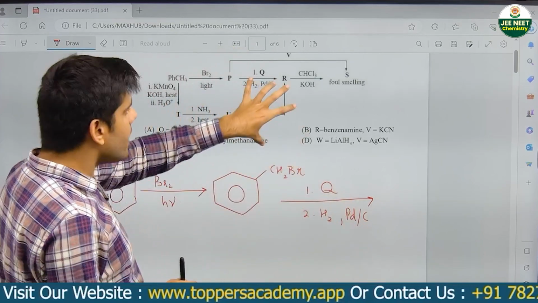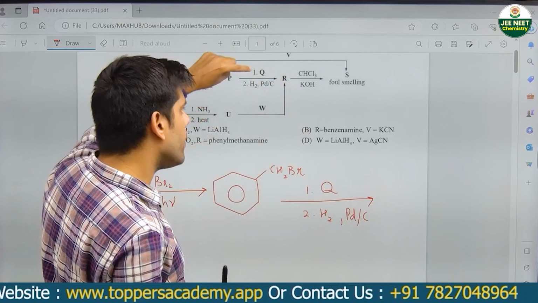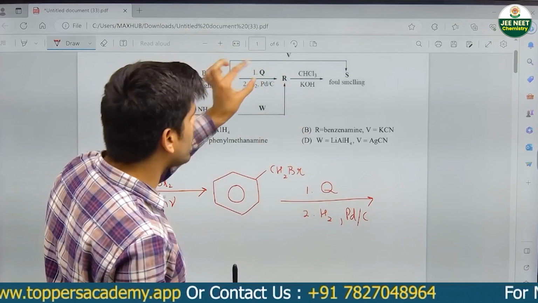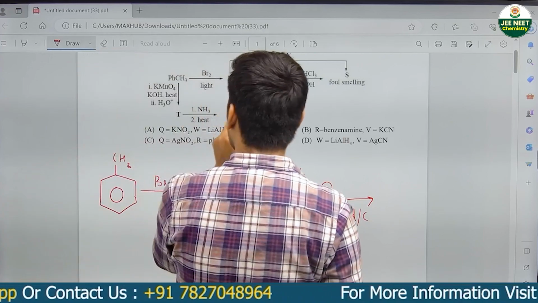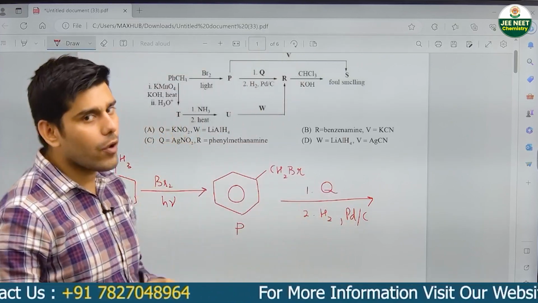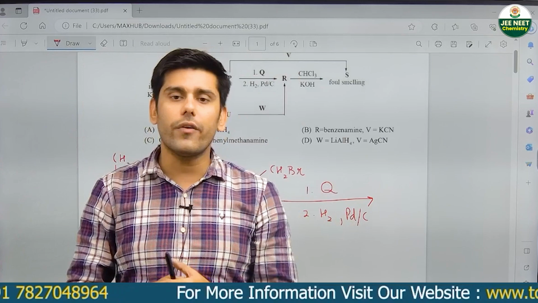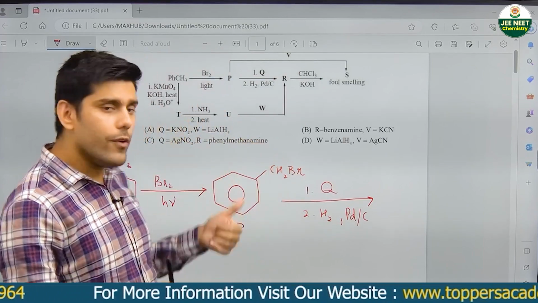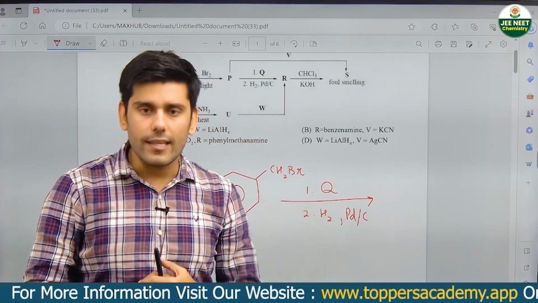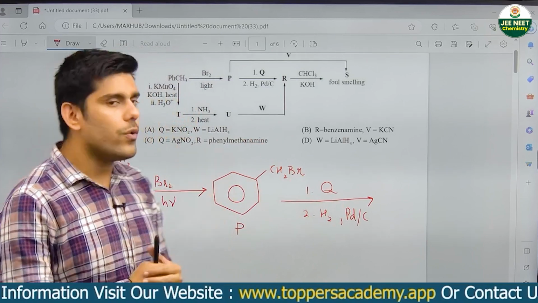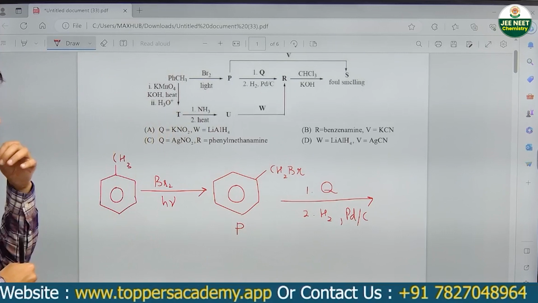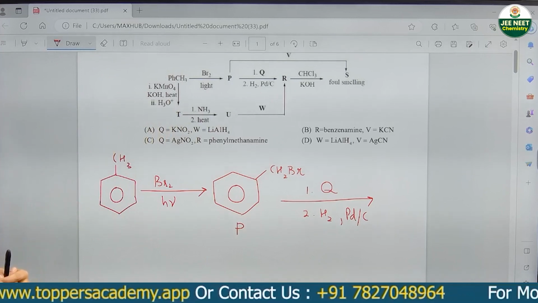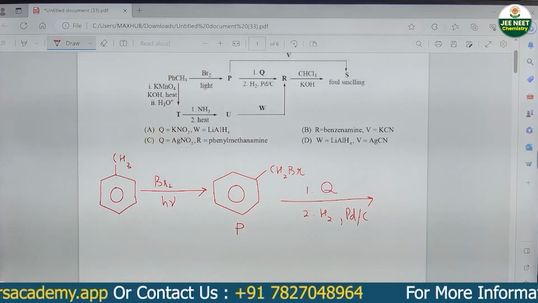So we need a nitro compound after the reaction of P with Q. So this is our P. So Q needs to be KNO2 because we know that in the substitution reaction, if we see KNO2, we get nitro compound as the product, and if we see AgNO2, we get alkyl nitrite as the product, right? So what do we get?